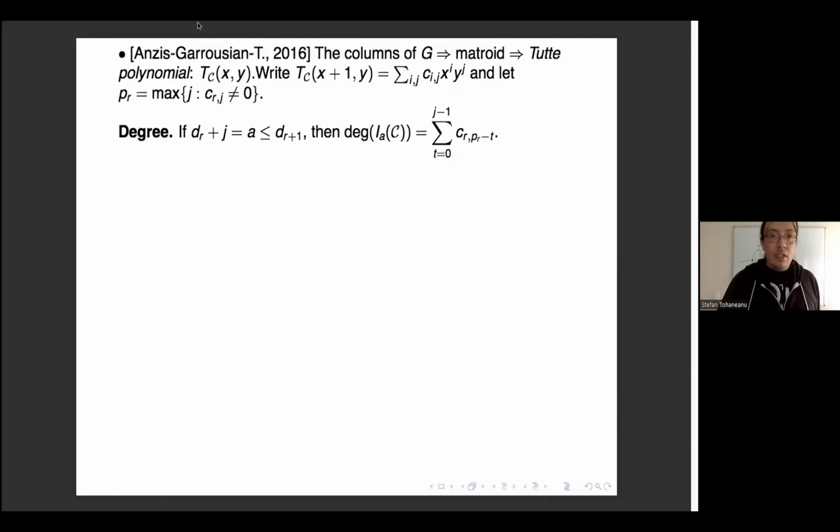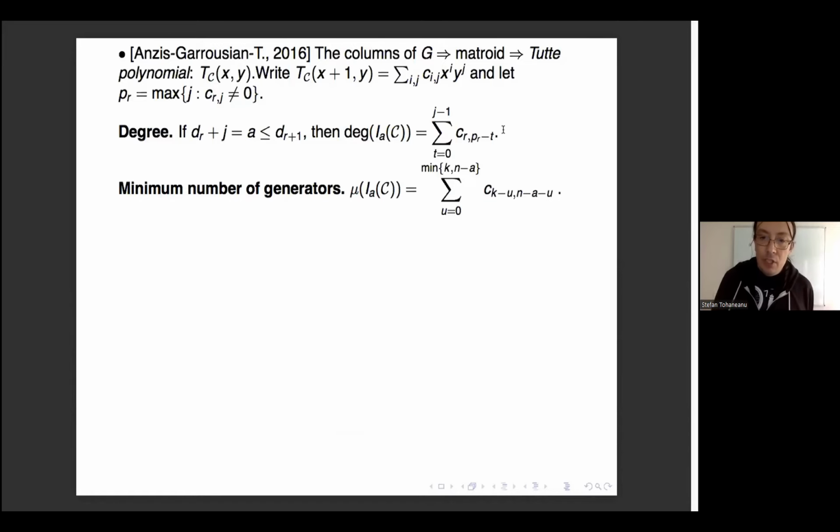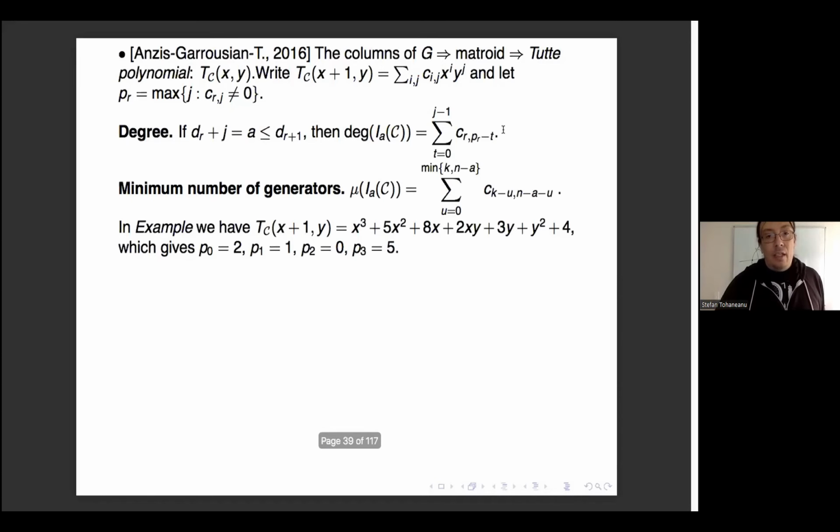This is the result that Ben, Mehdi, and I showed, and also we showed the minimum number of generators comes with this formula. And I will not go through all the examples. So I did the calculations. The Tutte polynomial is not hard to compute. At the end, if we have time, I can show you how to do this for this example.